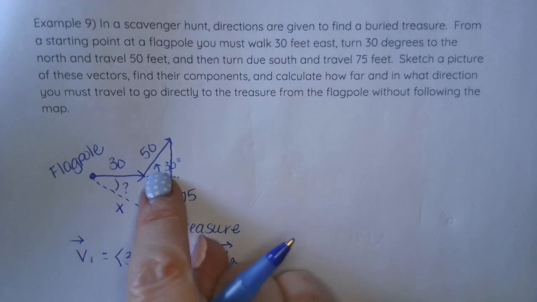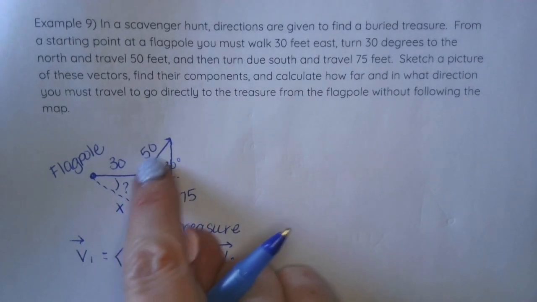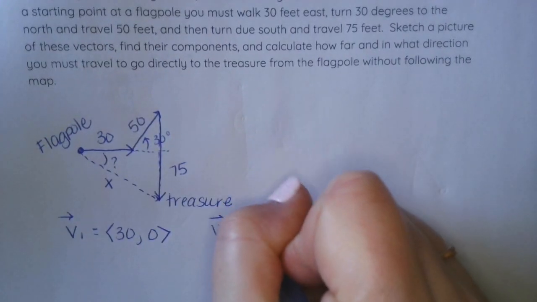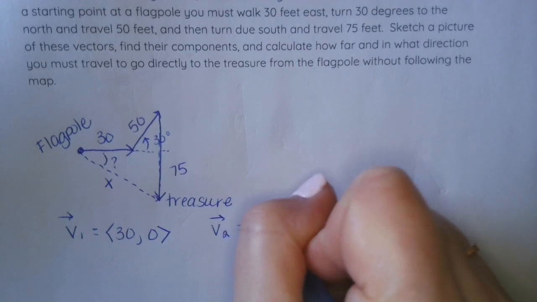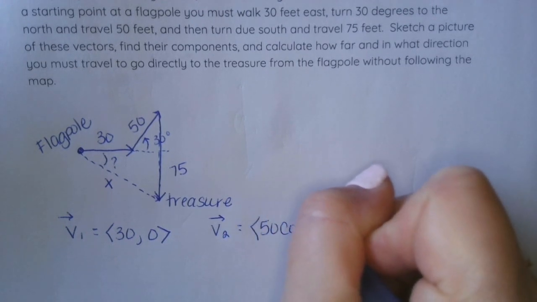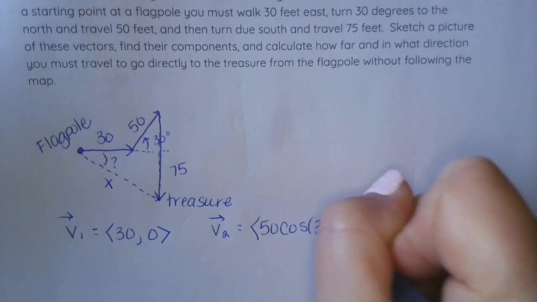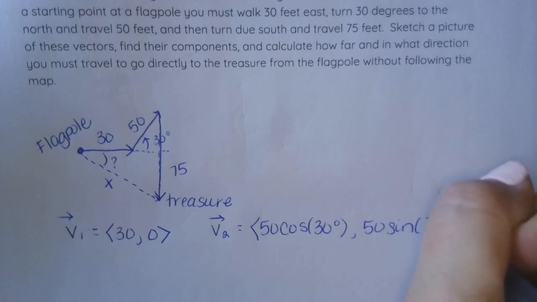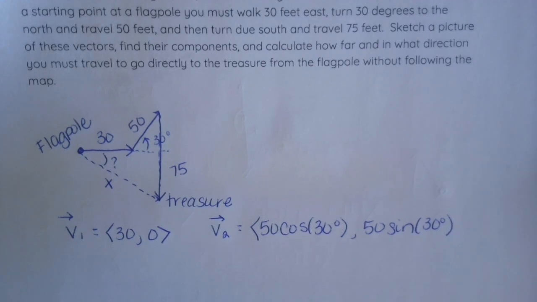Our second stop, we had to turn 30 degrees, but we're still traveling a length of 50. So our x component is 50 times cosine of 30 degrees and 50 times sine of 30 degrees. We'll worry about them later.